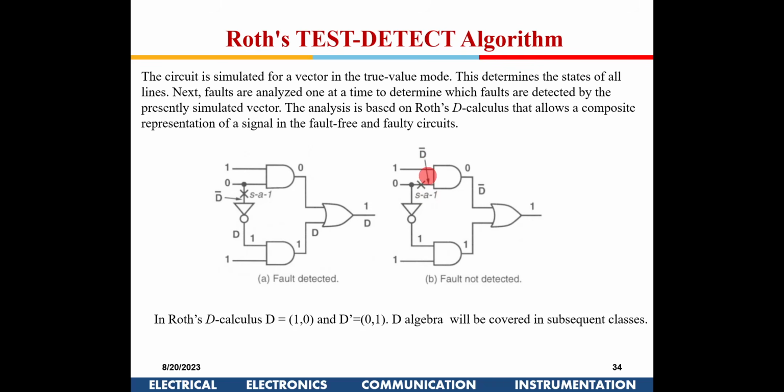It is an AND gate, so I have a D bar here, a 0 here, and 1 here. So at the output I will get 1. If I am not getting D at the output, then this particular fault cannot be detected. So this works on that algorithm.